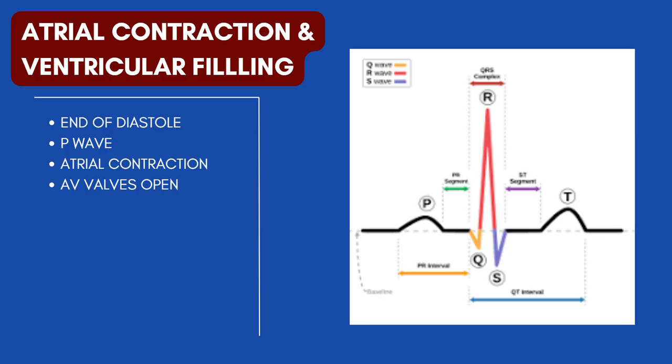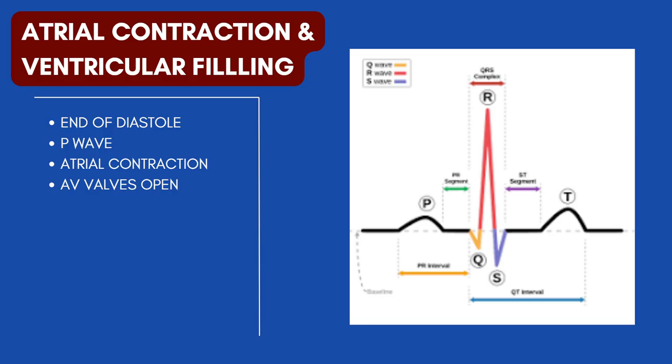The second phase occurs when the atria contract, and contraction is triggered by depolarization, which appears as the P wave on the EKG. Here on this diagram, you can see the P wave, and this is ultimately showing you the contraction.